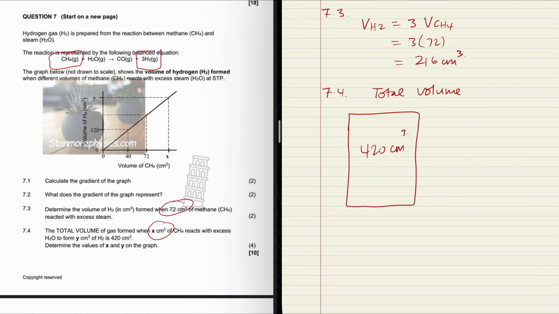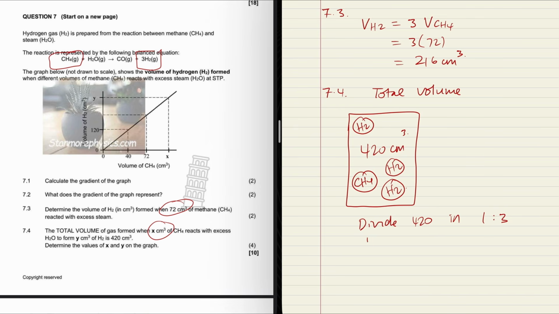Now from the reaction, I can see that for every one CH4, I will have 3 H2s. So all we need to do is divide the 420 in the ratio 1 to 3, 1 being the CH4 and 3 being the H2.